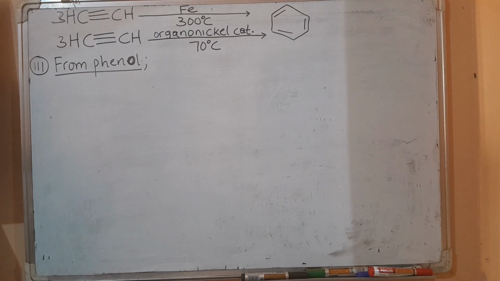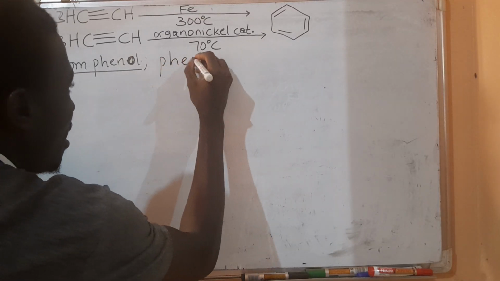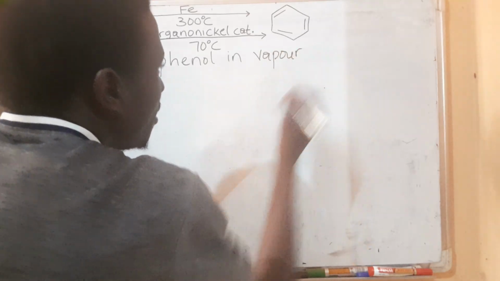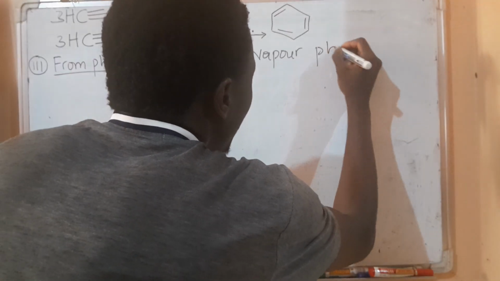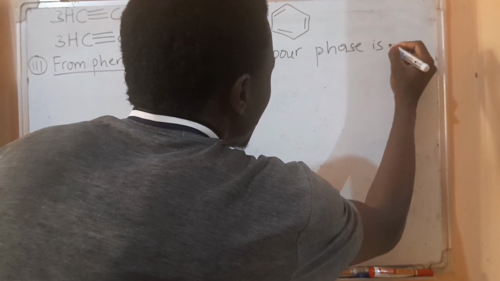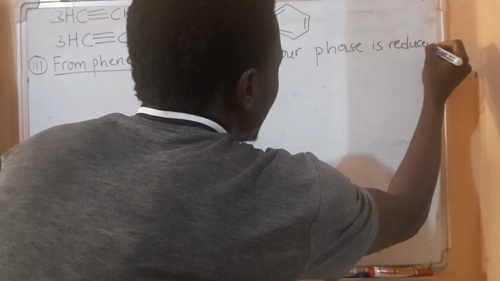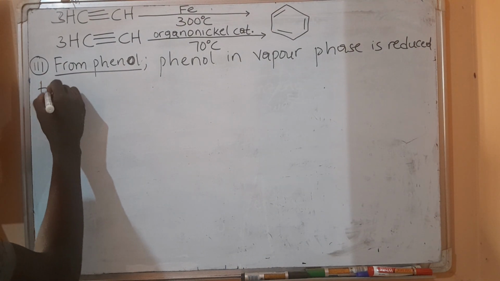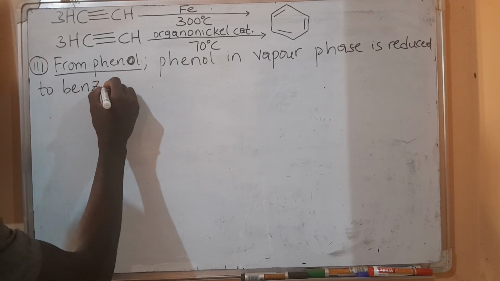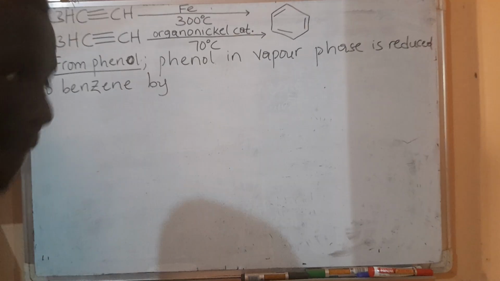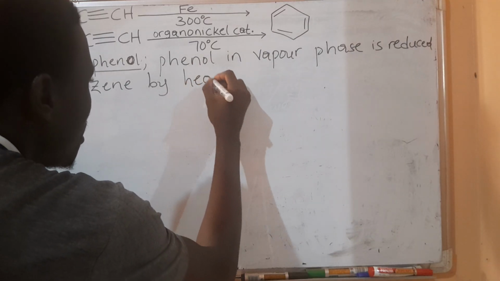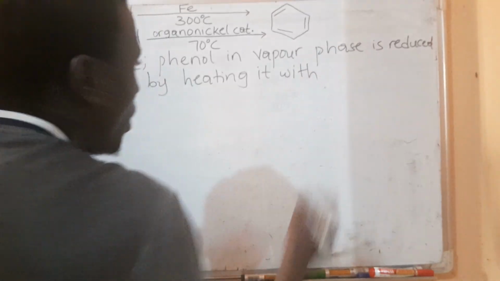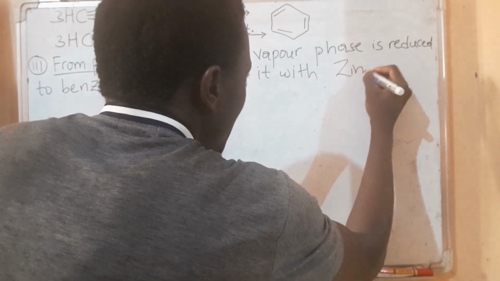So from phenol, in vapor phase. Phenol in vapor phase is reduced to benzene by heating it with zinc dust.